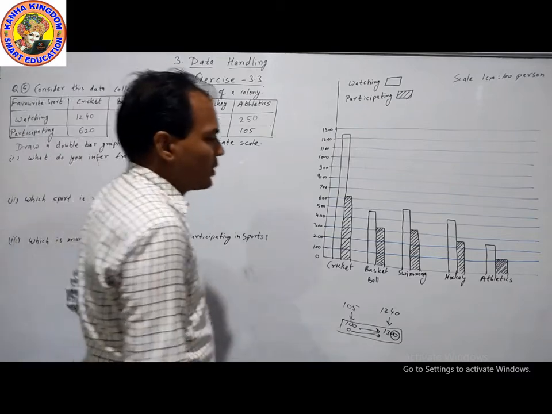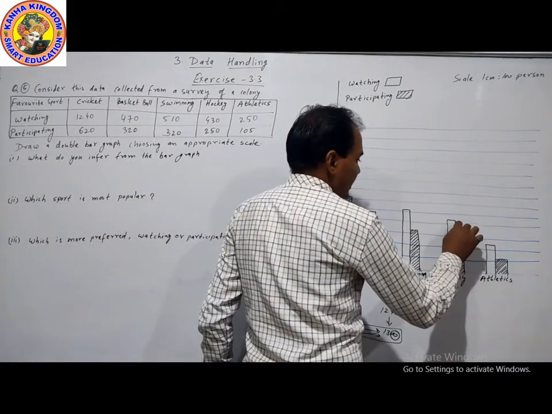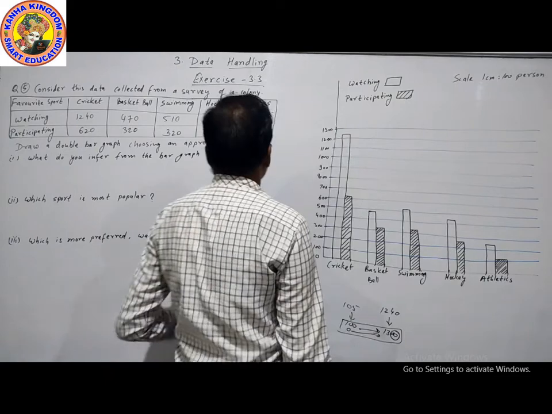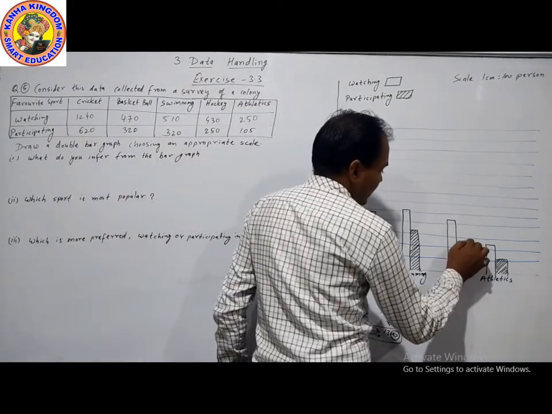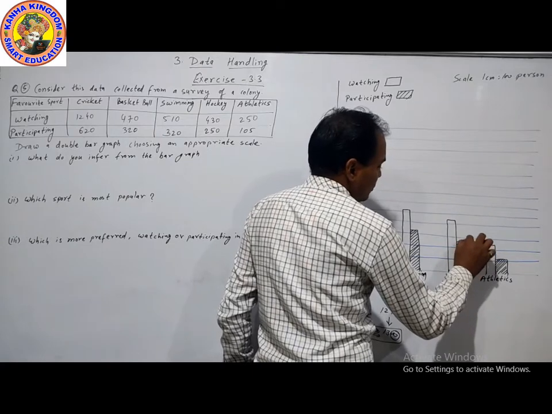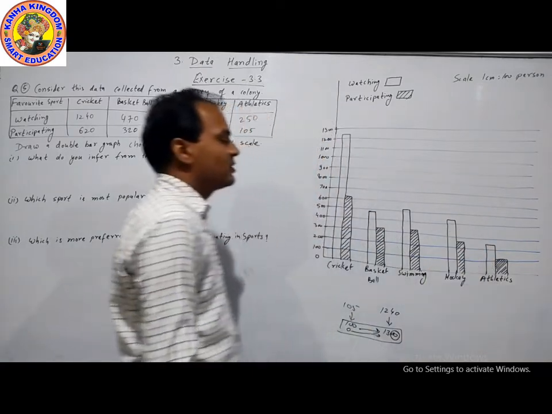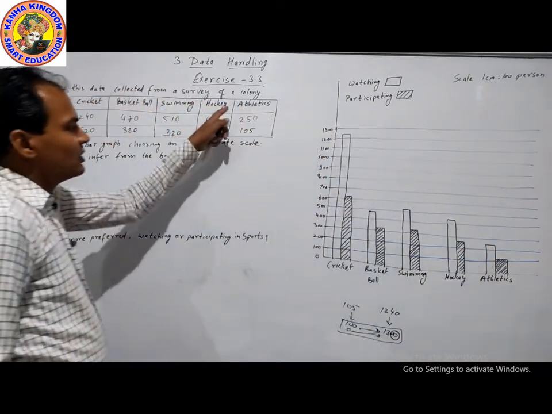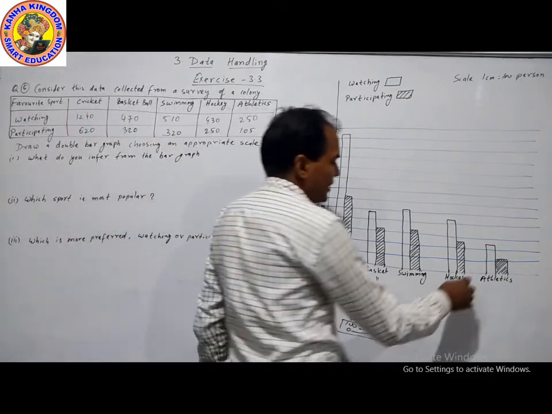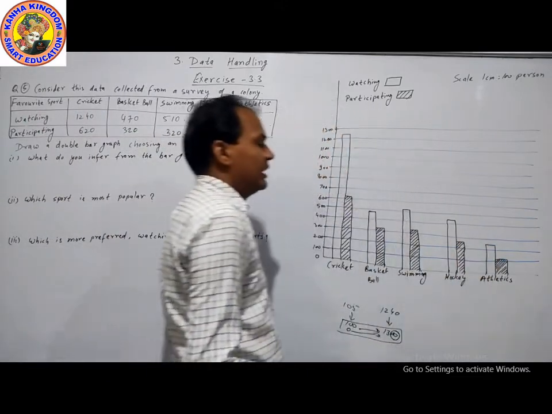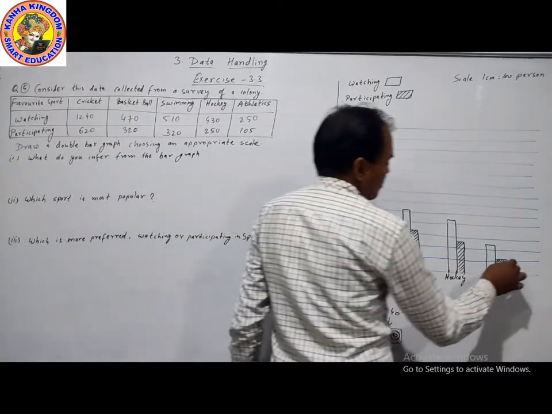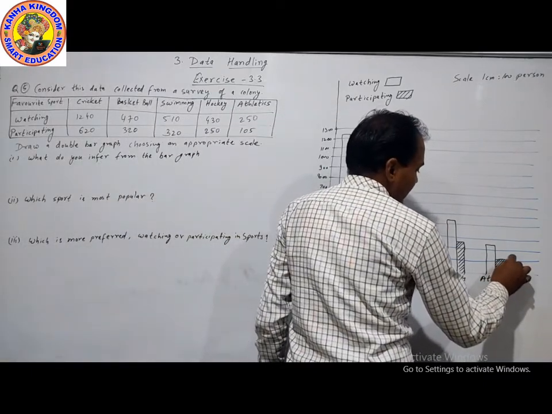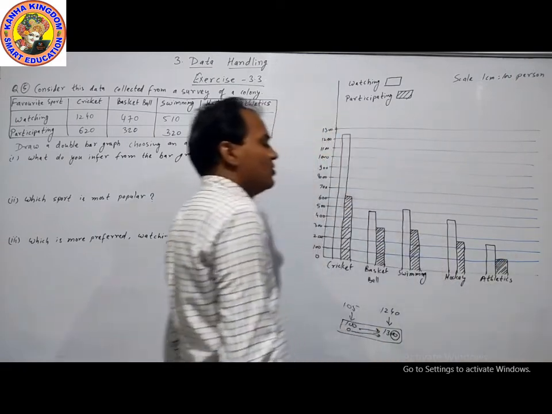Watching hockey 430. Participating hockey is 250; 250 is the middle of 200 and 300, so here is 250. Watching athletics 250. Participating athletics 105; here is 100 and here is 105.